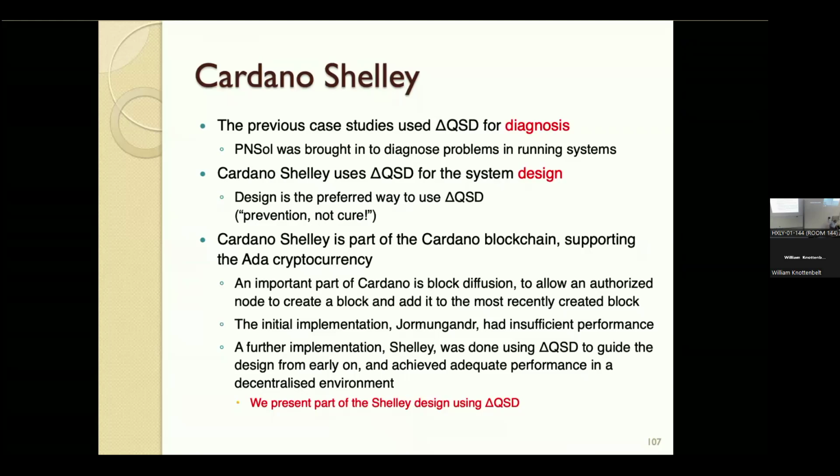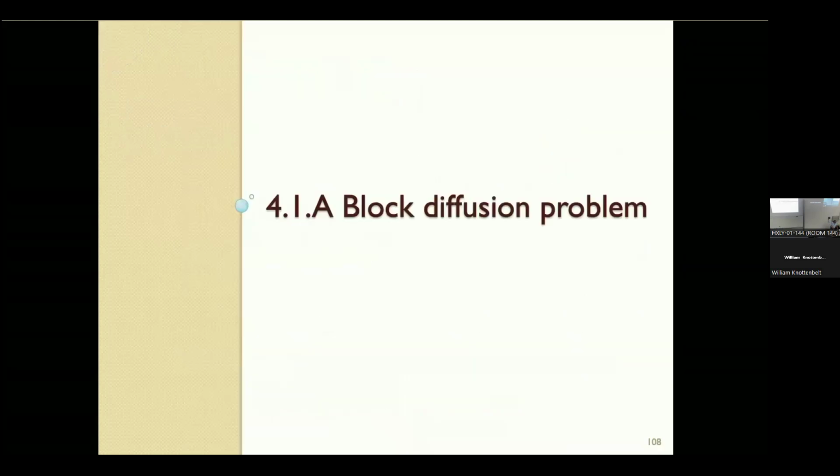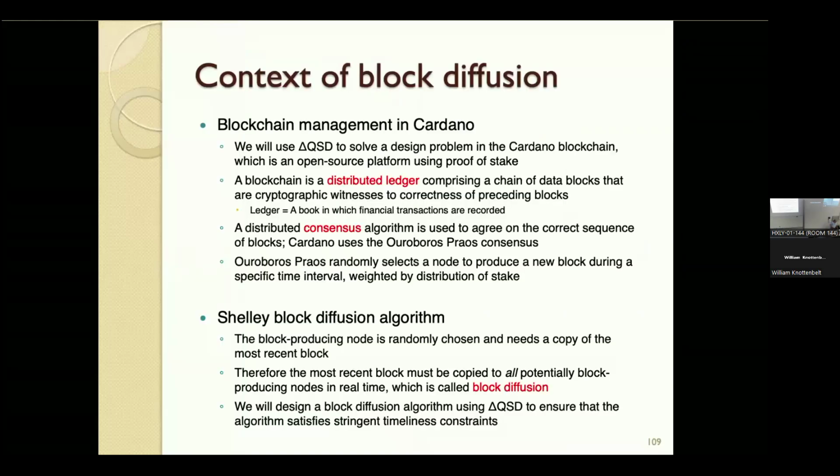So I'm going to present part of this Shelley implementation, the current one written in Haskell, which was done using ΔQSD. The part of the blockchain that I'm going to talk about is called block diffusion. First, a little context on blockchain management. I'm going to show a part of the design problem of the Cardano blockchain, which uses proof of stake.